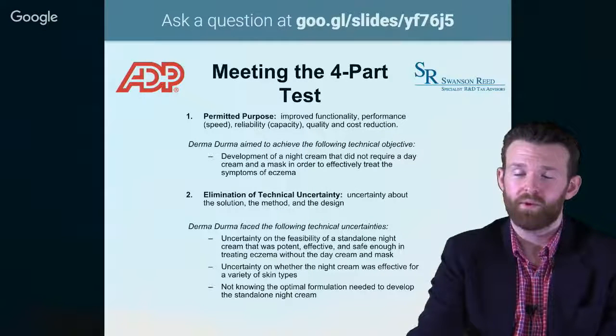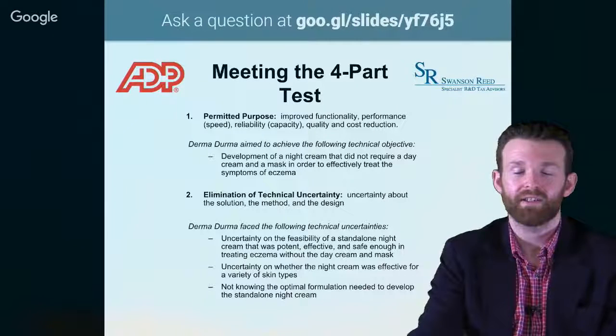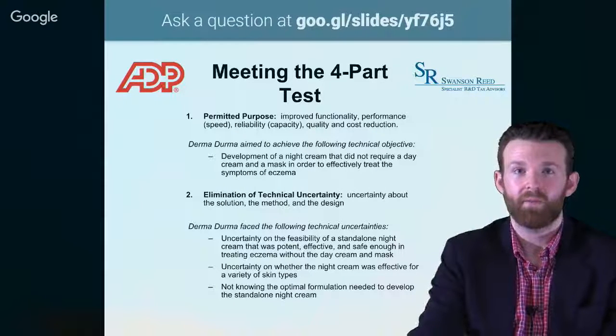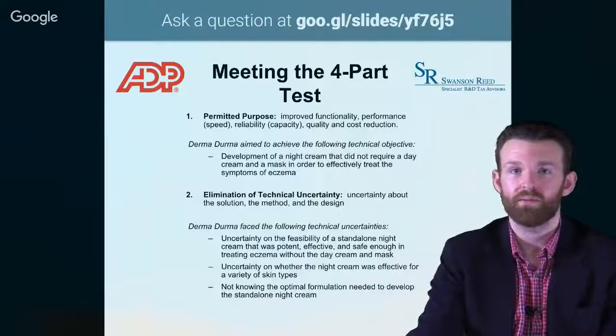So how does that meet the 4-part test? Firstly, Derma was seeking to improve an existing product. In this case, it was to reduce the number of steps needed to treat eczema from 3 stages to just 1. The company found that the multi-step process was too cumbersome for users because it required multiple applications throughout the day and the week.